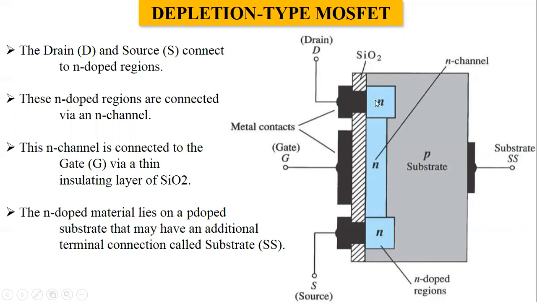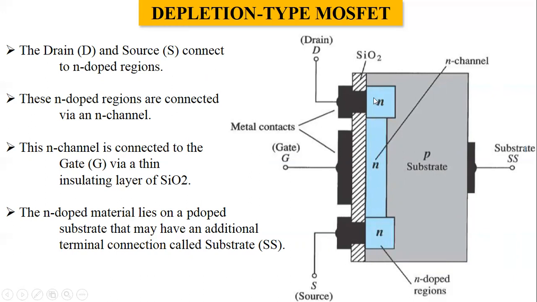All of this is implemented in P-type semiconductor. This P-type semiconductor, within which we implement the channel, we call the substrate. So this is the P substrate within which we implement the physical channel.